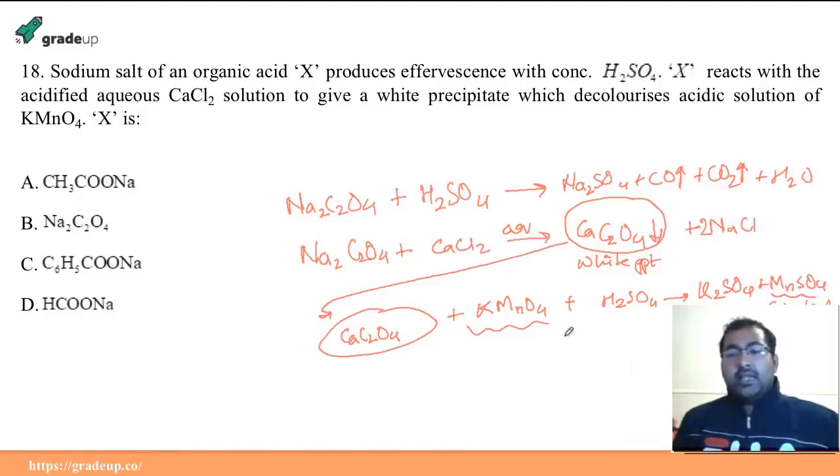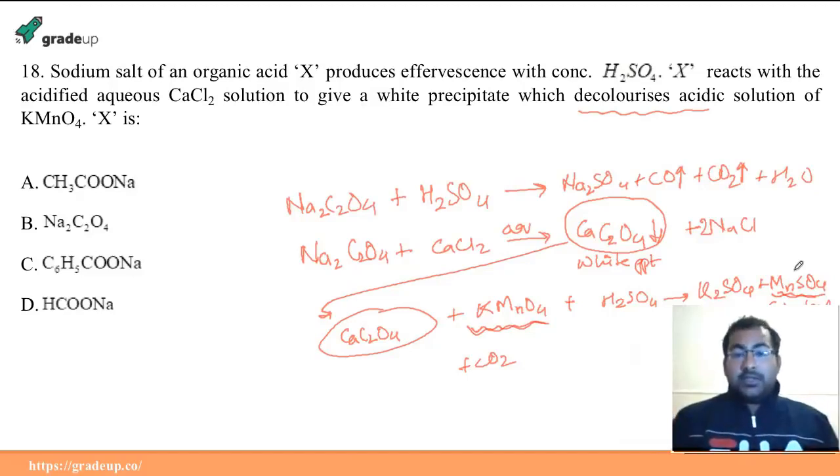And then you get some CO2 as well. Eventually what you needed to know is whether it decolorizes this solution or not. Yes, it decolorizes the KMnO4 solution.